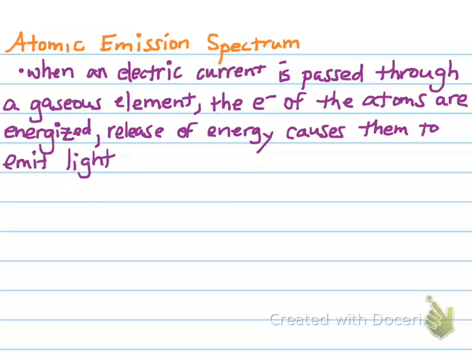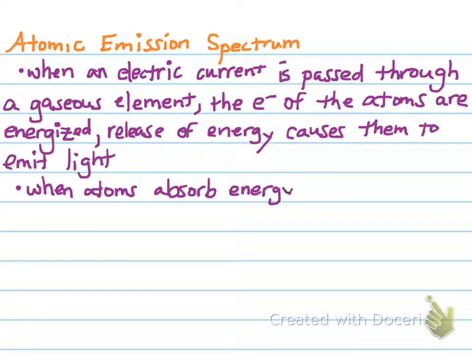So more specifically, what's happening here, when the atoms absorb energy, because they have to absorb energy to jump to a higher energy level, their electrons move to a higher energy level.